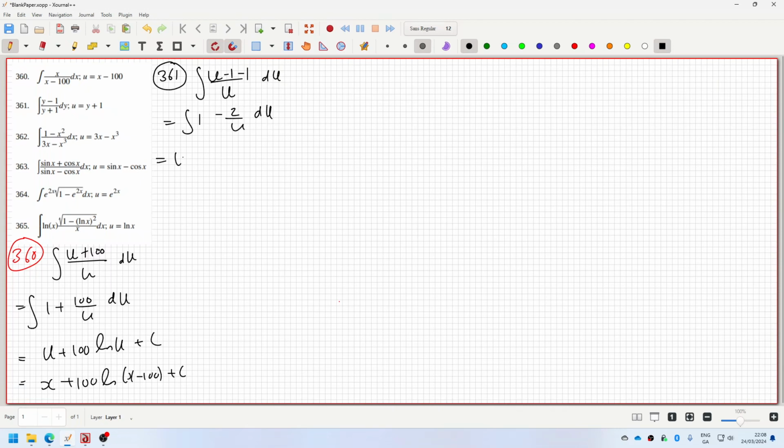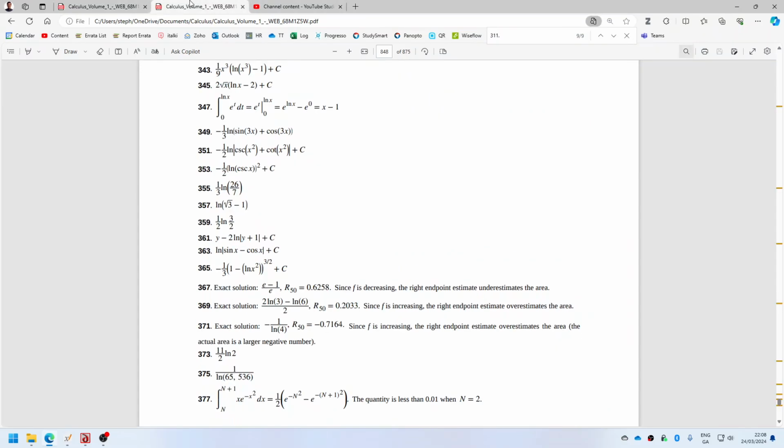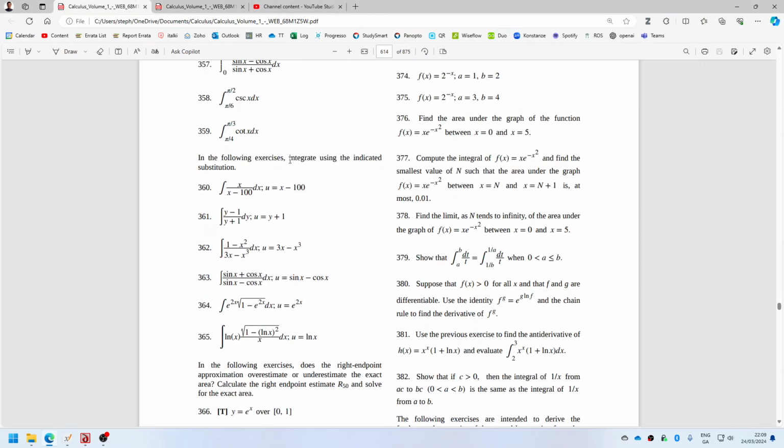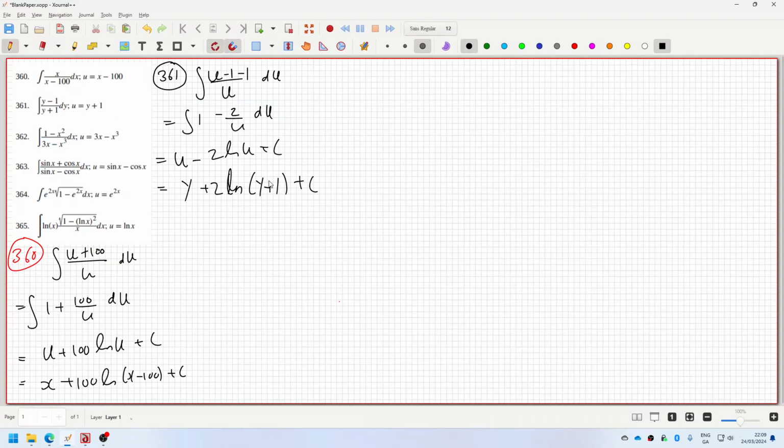So that integrates to u minus 2 log u plus c, which would be y plus 1 minus 2 log y plus 1 plus c. Let's check the answer for 361. Yeah, I should actually make these absolutes. I should get into the habit of it.